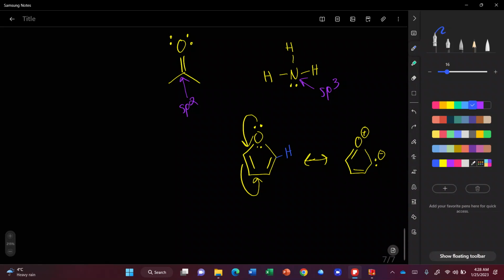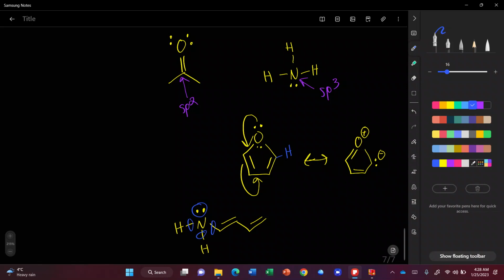Anyway, hopefully you guys get the point. I'll do another example, right? So let's say you have nitrogen right here, and I have something like this. Okay. So again, you might be tempted to say, this nitrogen right here has 1, 2, 3, 4 domains, and therefore it's going to be sp3.